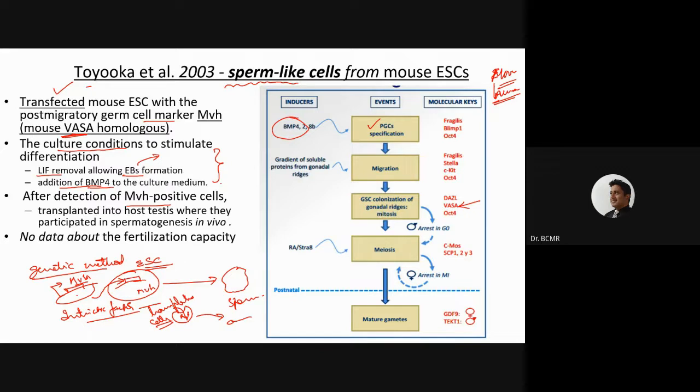And then they have cultured those in BMP4 to stimulate the formation of primordial germ cells. And once they are formed, they have put them into mouse testis by transplantation. And then they have found that sperm is produced.